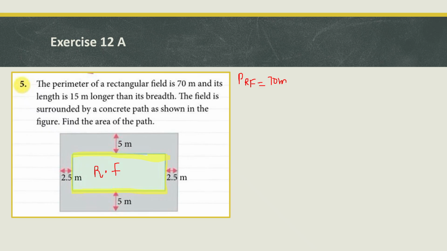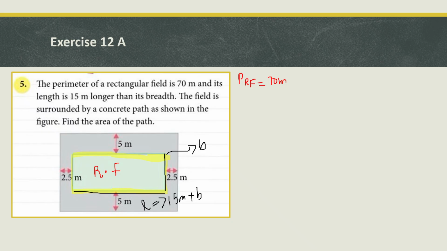Let's suppose this is the breadth, and in the same manner this is the length, denoted by L. It is mentioned that length is 15 meter longer than its breadth, meaning length is equal to 15 meter plus breadth.